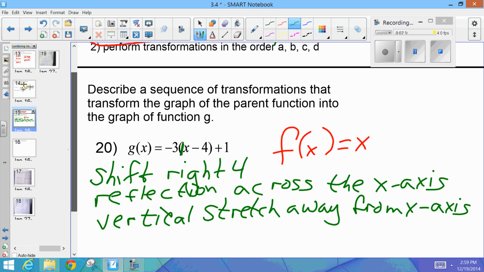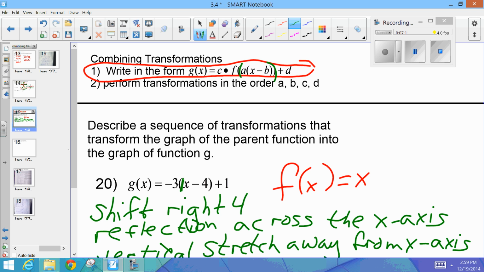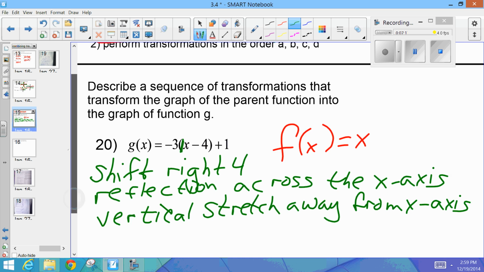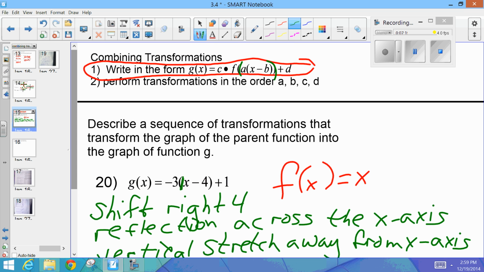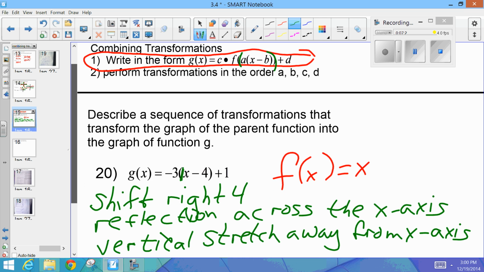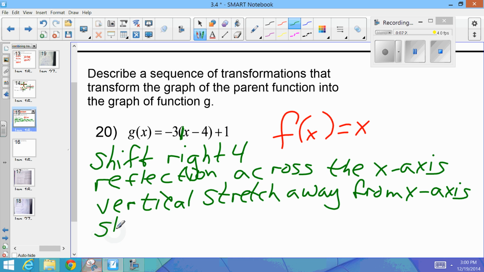Okay, so we dealt with C. Now we're going to deal with D. D comes last, and now it is a shift up 1. Okay. So again, order is important.